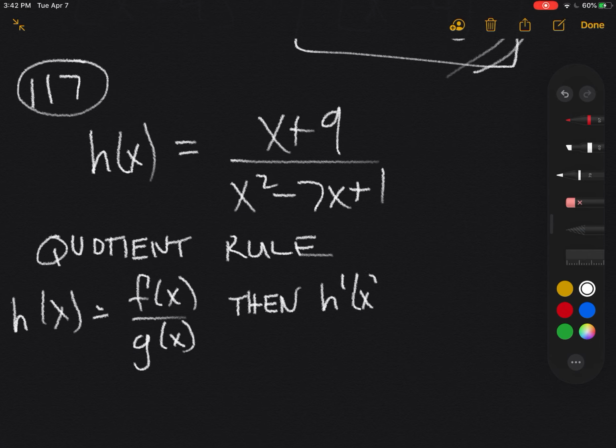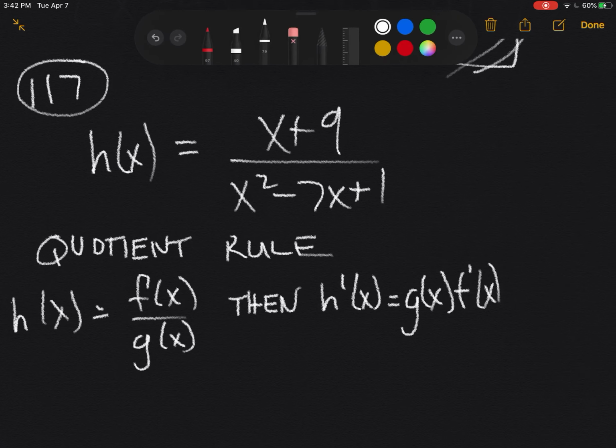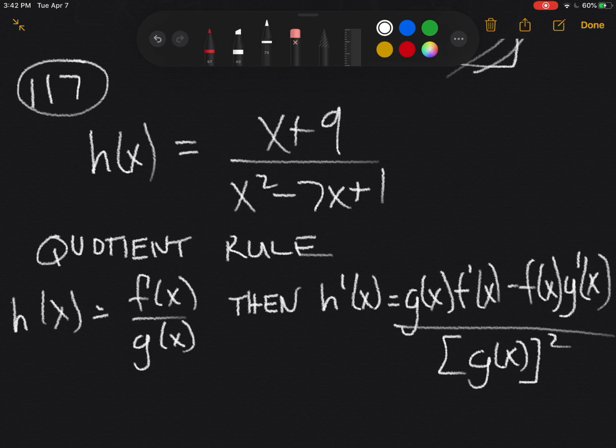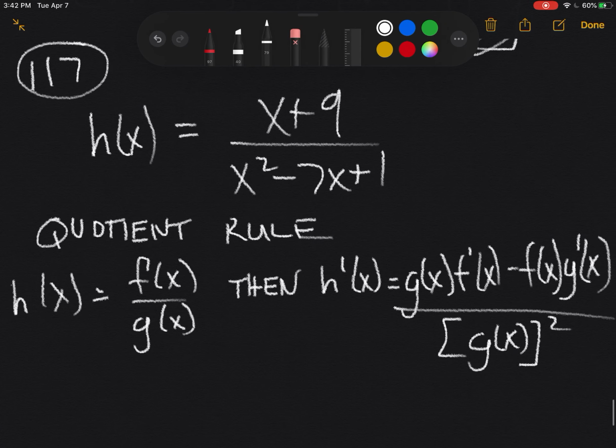If h of x equals f of x over g of x, then h prime of x equals g of x times f prime of x, minus f of x times g prime of x, all divided by g of x squared.